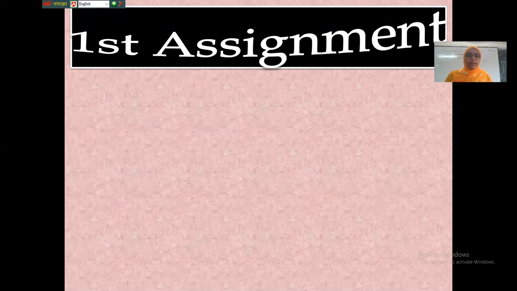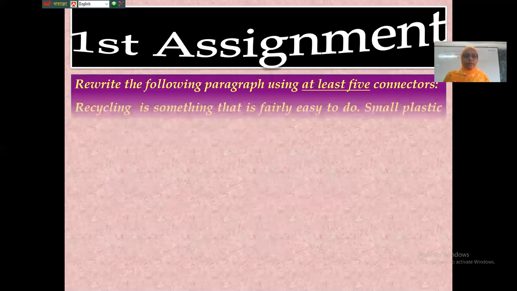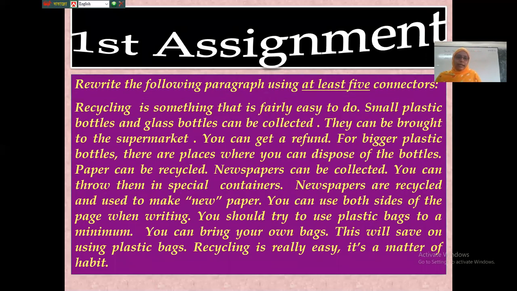Students, there is the first assignment. There is a passage. Write the following passage using at least 5 connectors. This passage is: Recycling is something that is fairly easy to do.